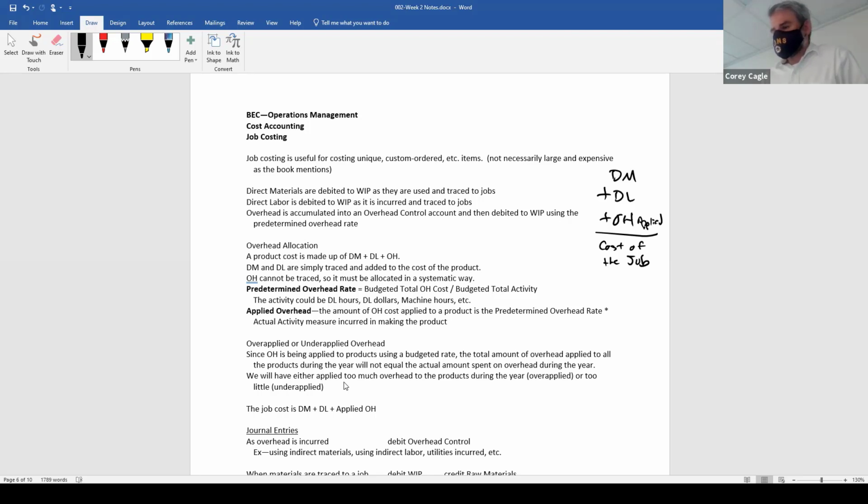Property tax is due at one point in the year, right? And you want to spread that out over the whole year. So total overhead cost of the year. And then you got to figure out total whatever drives that cost. Now, in our problems, our activity that drives the cost will either be direct labor hours, direct labor dollars, or machine hours. It'll be one of those three.